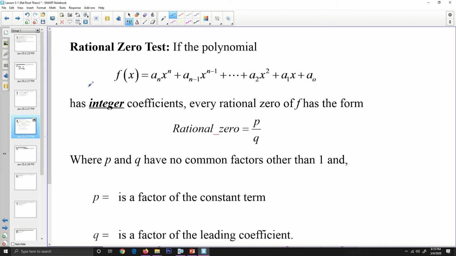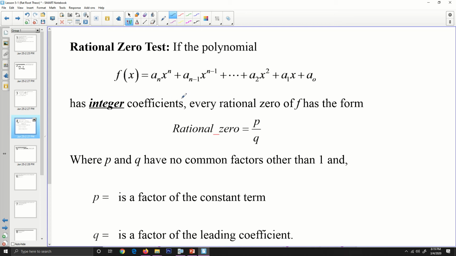The rational zero test is basically this: if you have a polynomial that has integer coefficients, so a sub n, a sub 2, a sub 1, a sub 0 in this general polynomial have to be integers, positive or negative counting numbers.